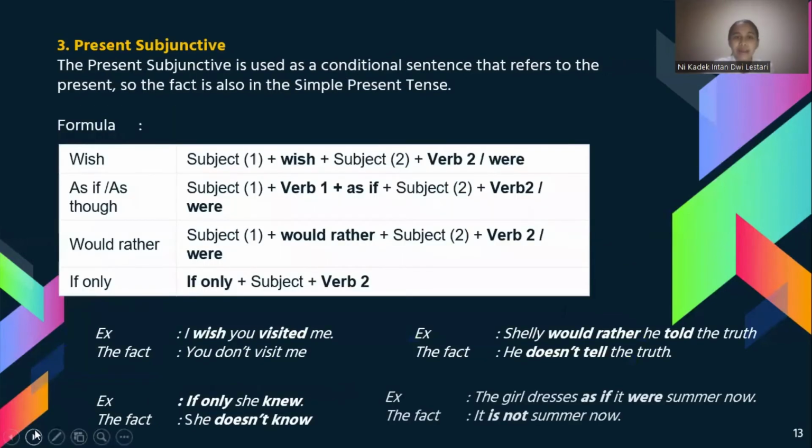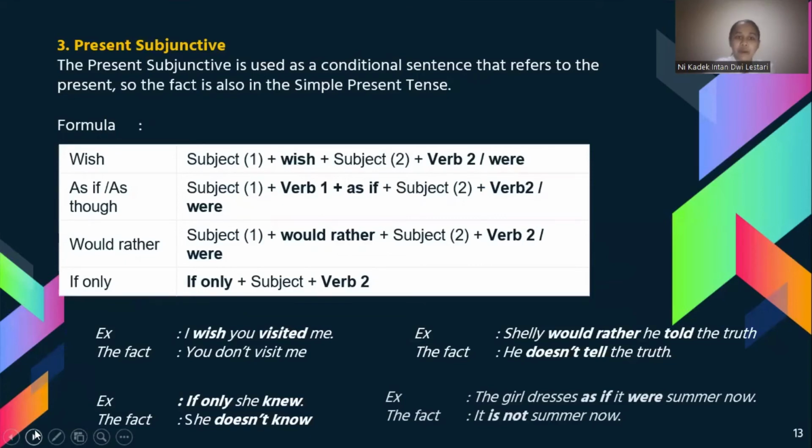The third one is the present subjunctive. The present subjunctive is used as a conditional sentence that refers to the present. So the fact is also in the simple present tense. So in the present subjunctive, there are special formulas for the different words we use.